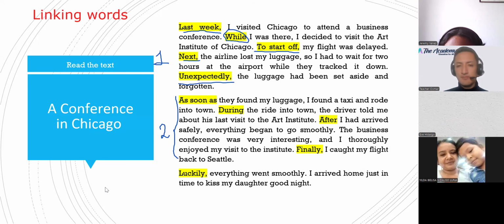As soon as they found my luggage, I found a taxi and rode into town. During the ride into town, the driver told me about his last visit to the Art Institute. After I had arrived safely, everything began to go smoothly.